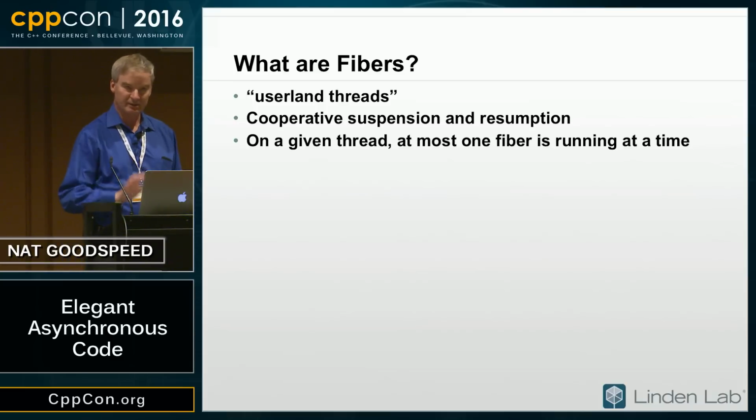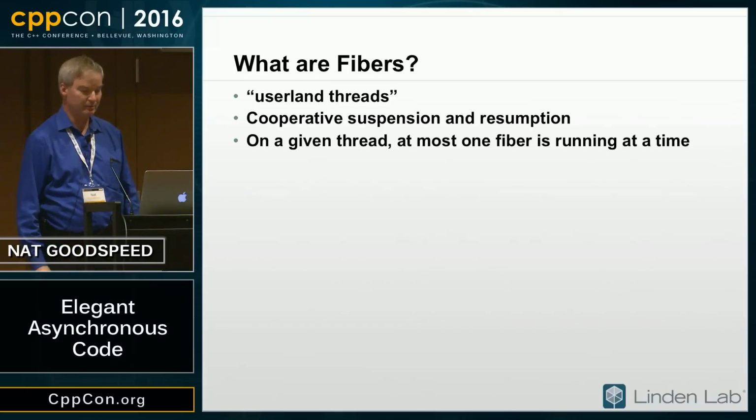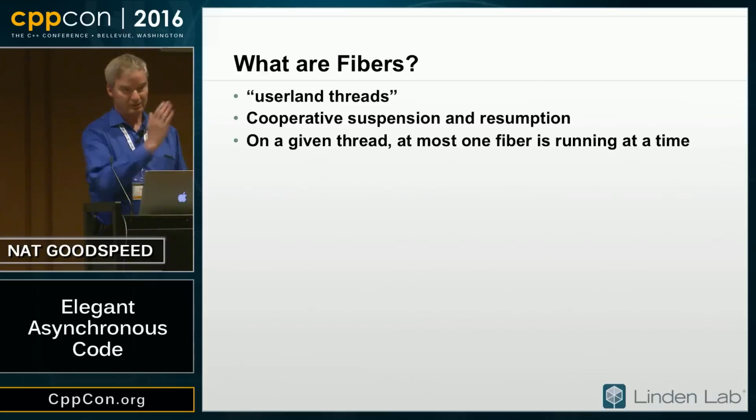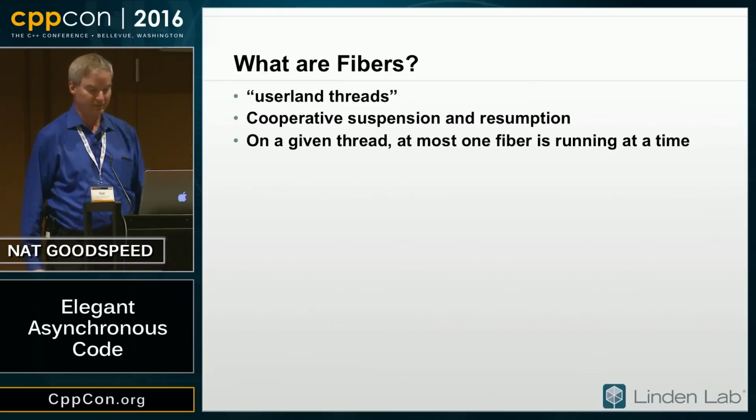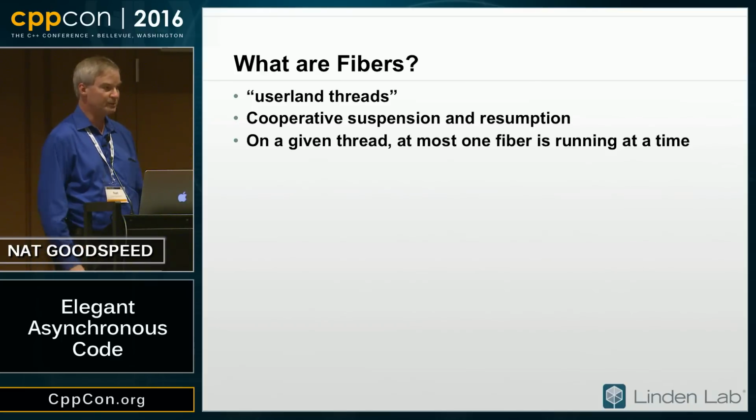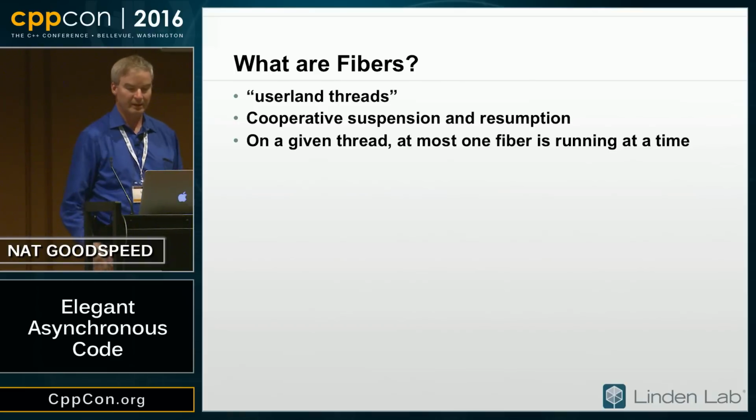Cooperative suspension has another important implication. On a single processor system, of course, at most one thread can be running at a time too. But OS threads use time slicing to interleave thread execution in a way that, from the code's point of view, is completely unpredictable. You don't know when code on some other thread might touch a shared resource.